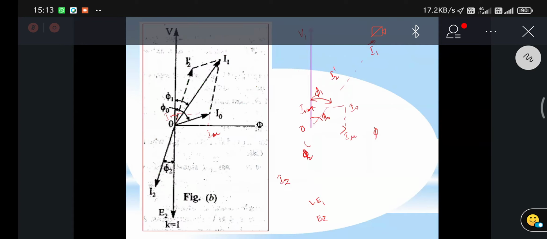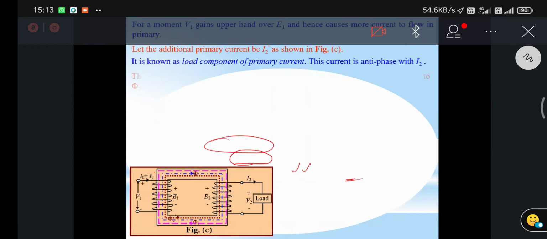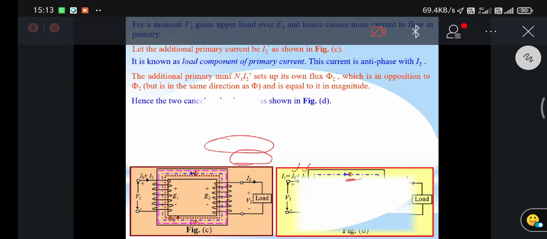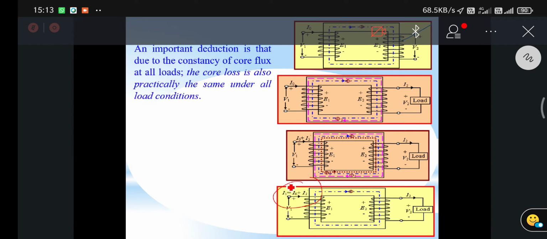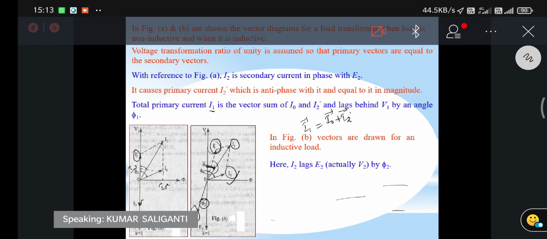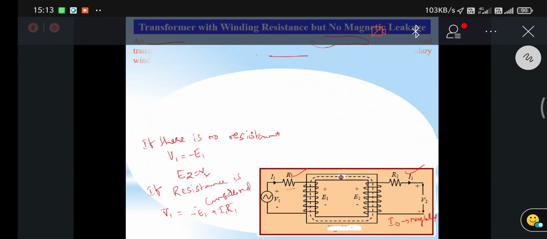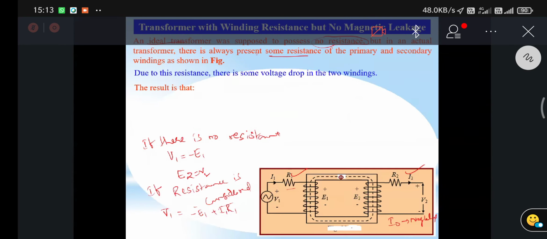Now observe the previous case, where the resistance is not considered here. You can observe there is no resistance. But if resistance is considered, the phasor diagram will change. If there is no resistance, then this is 0, and V1 equals E1.